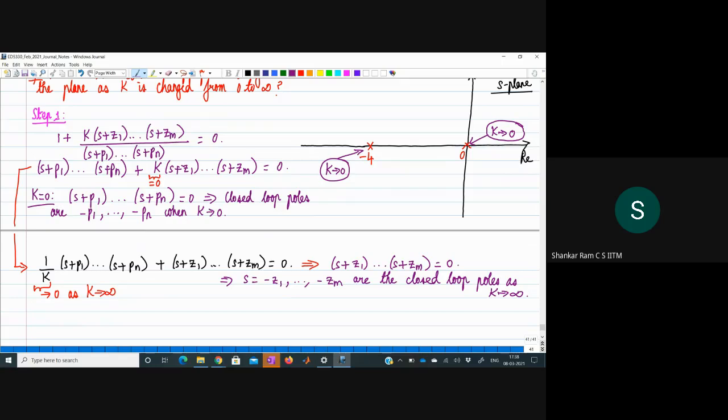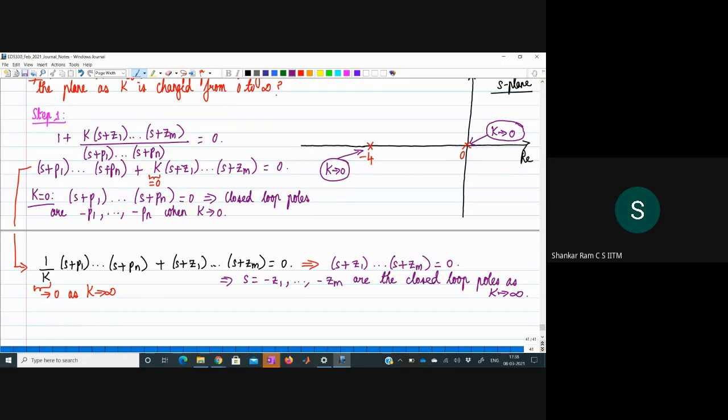However, as we already know, we are considering causal systems where m is less than or equal to n. In the example problem we are solving, there are two open loop poles, but no open loop zeros.